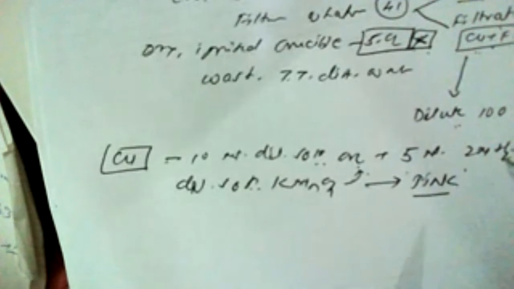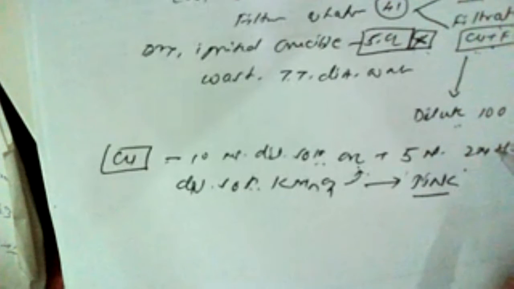After adding KMnO4 solution, some 5 to 10 drops are required. Then we neutralize this solution by adding 1:1 ammonia solution, because we added so much acid in the beginning for dissolution.